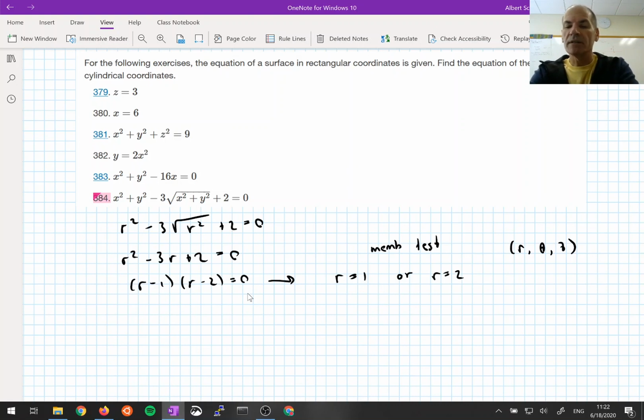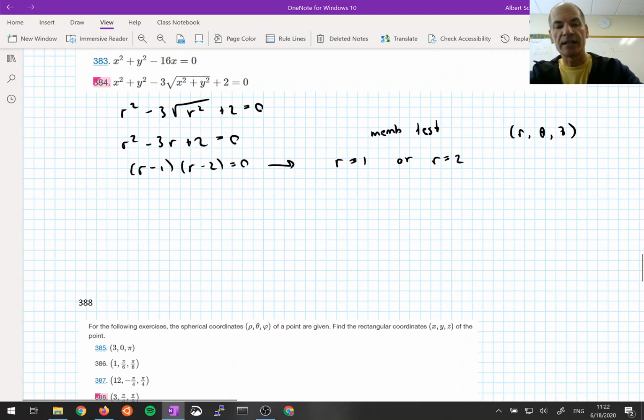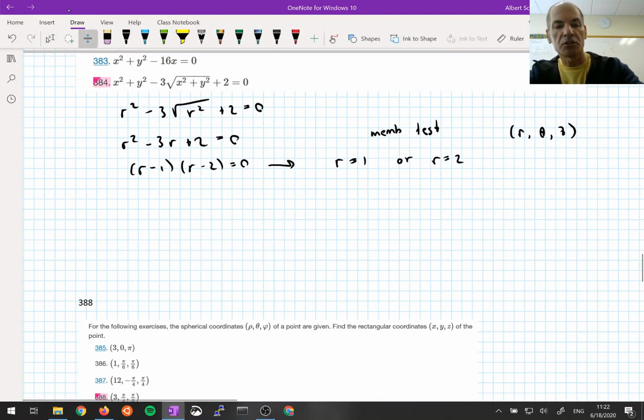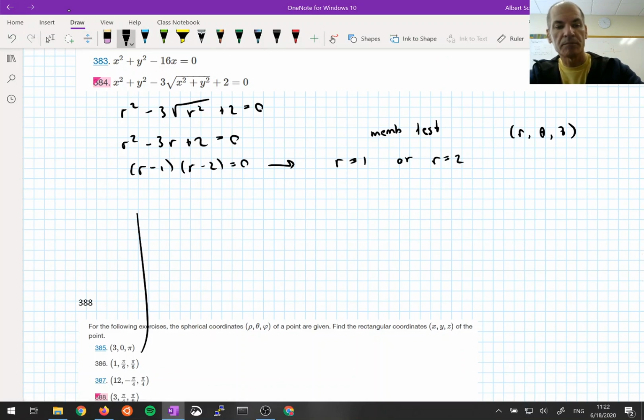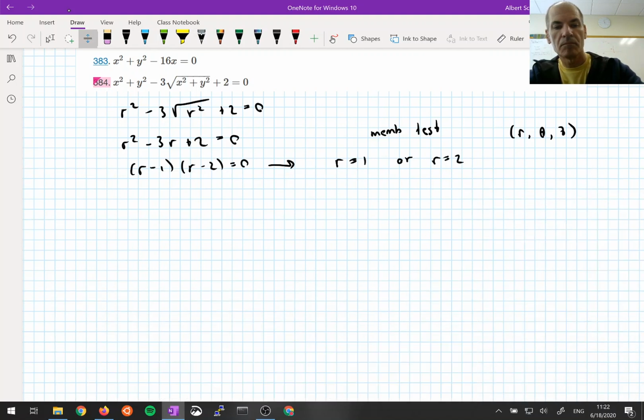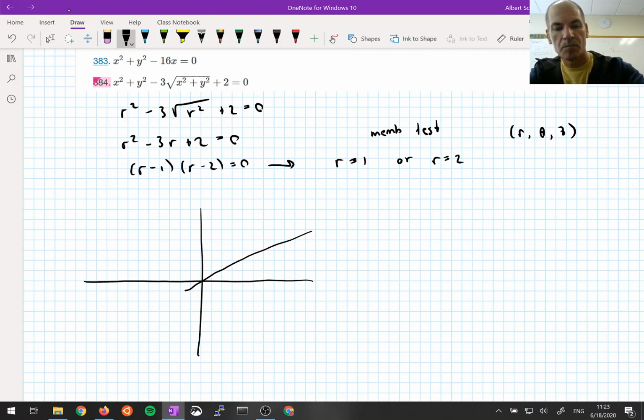R equals 1 is a cylinder of radius 1 in the cylindrical space. So a cylinder of radius 1, go up and down like that.